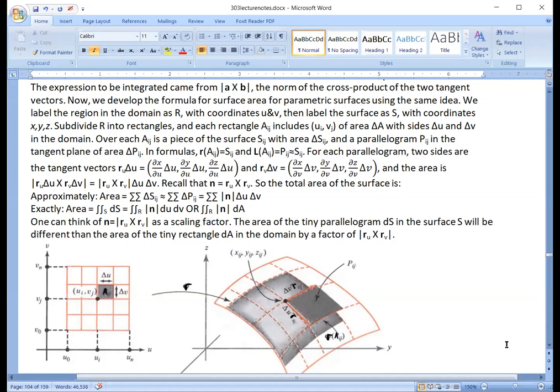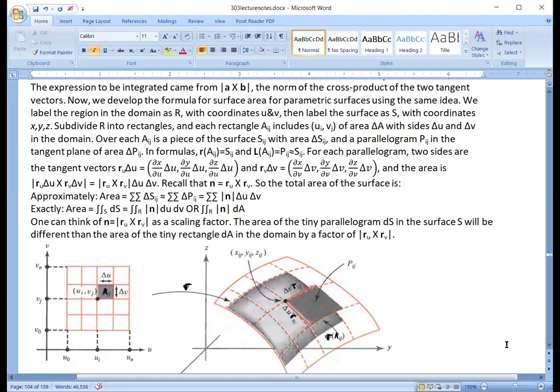Now, the surface itself is going to be some kind of little bendy shape. Just like that rectangle was A sub ij, that little bit of the surface we're going to call S sub ij.